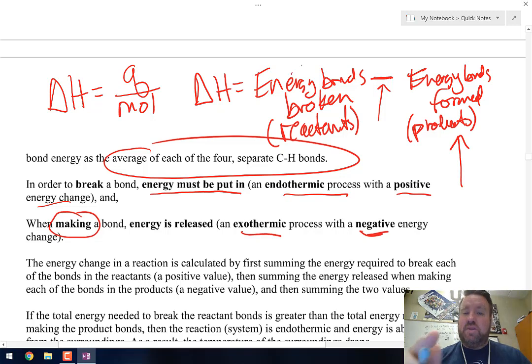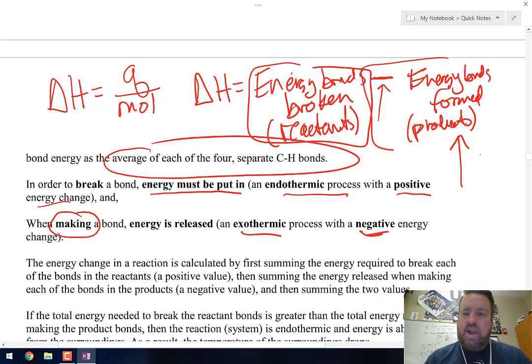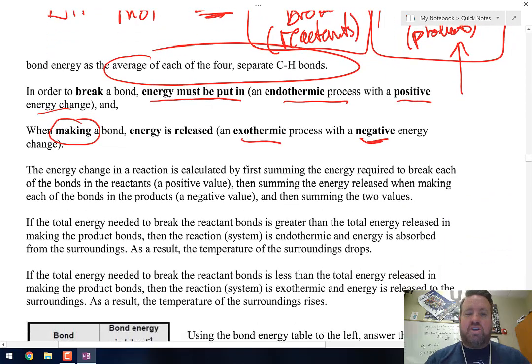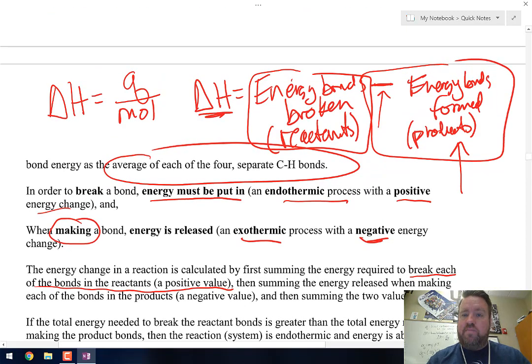So this is our positive component, and with that negative in there, that makes that our negative component. When we put those two together, that gives us the enthalpy change for the reaction. The energy change in a reaction is calculated by first summing the energy required to break each of the bonds, which is a positive value. Again, that's this component right here.